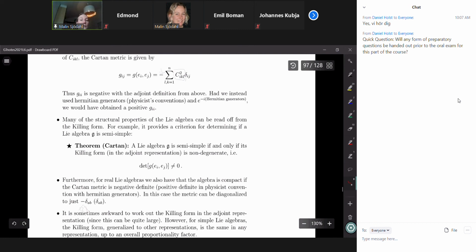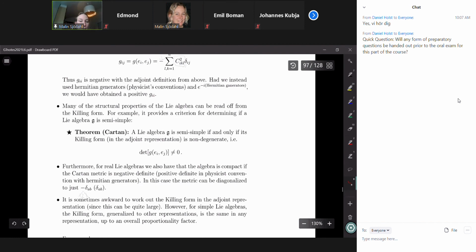So there is a famous theorem from Cartan saying that a Lie algebra is semi-simple if and only if its Killing form is non-degenerate. So the determinant of this is not allowed to vanish. The proof of this is beyond the scope of the course.